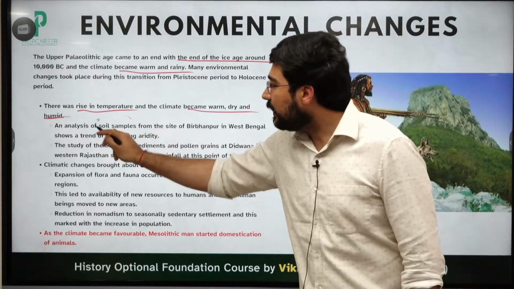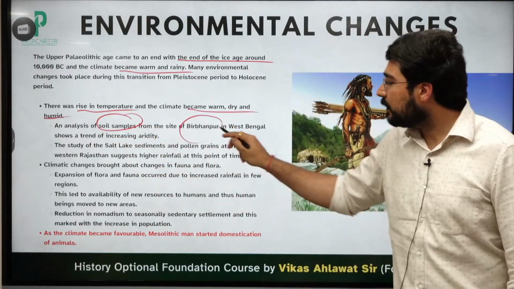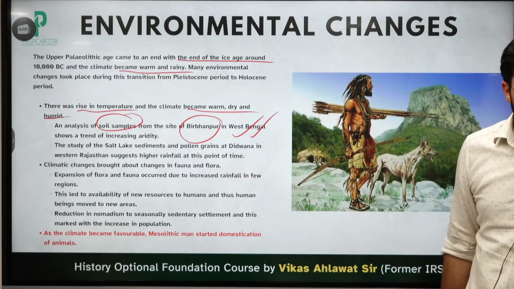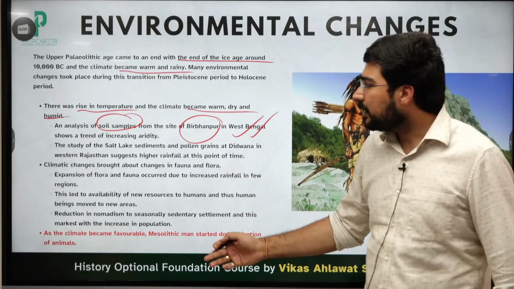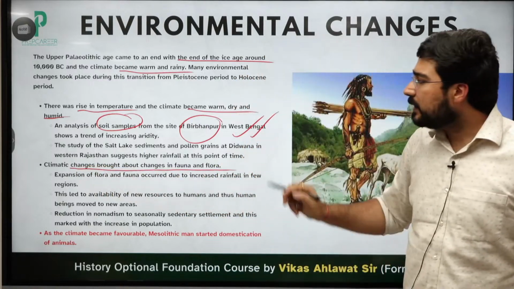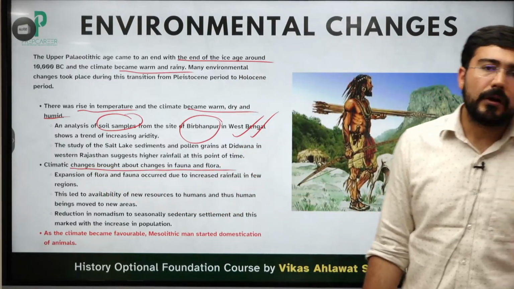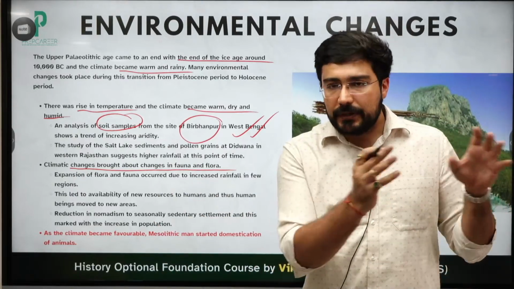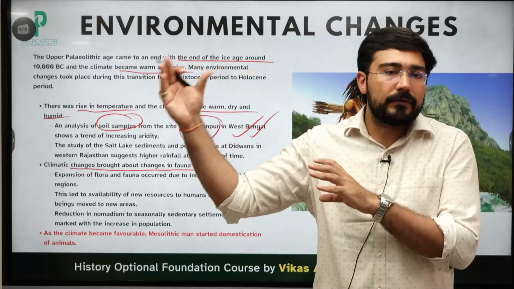And we see various soil samples, like Birbanpur, a very famous site in West Bengal, from where we found the evidences of this. Okay, then the climate brought about changes in flora as well as fauna. The environment around you is also bound to change. See the diversity of the plain, see the diversity of the hilly areas.